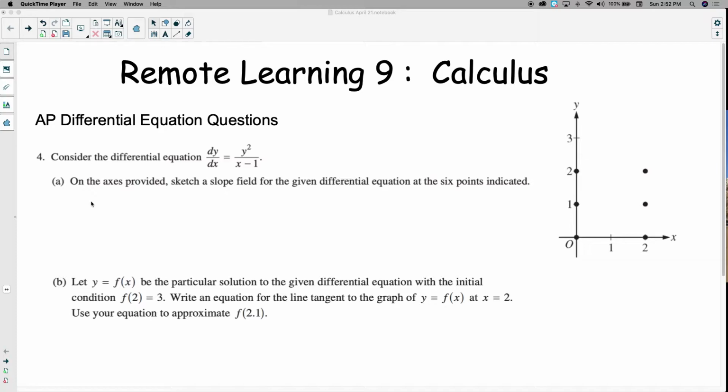So this is the reverse of that. This is to sketch a slope field for the given differential equation at the 6 points indicated. So like a slope field has infinitely many points, well, we can't really draw a slope field, but we can draw some components of a slope field. So they gave us the exact points to draw the slopes of.